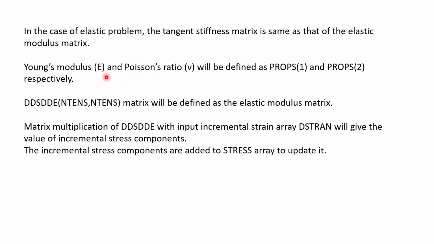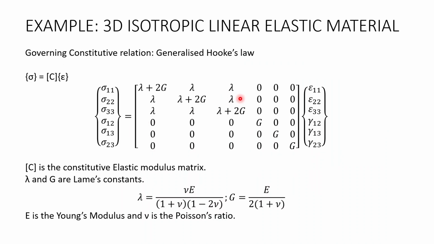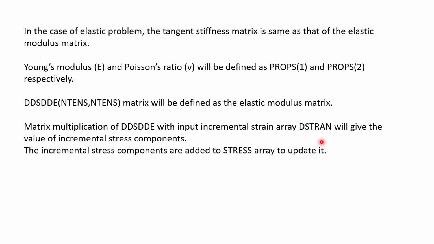Other than that, as I told, there is the array called PROPS. These are how we are going to define the material properties in the UMAT. Young's modulus and Poisson's ratio will be defined as PROPS 1 and PROPS 2 respectively. And as I told earlier, the DDSDDE matrix will be defined as the elastic modulus matrix. How we are going to get the stress is, we are going to do the matrix multiplication of this DDSDDE matrix with the input incremental strain.